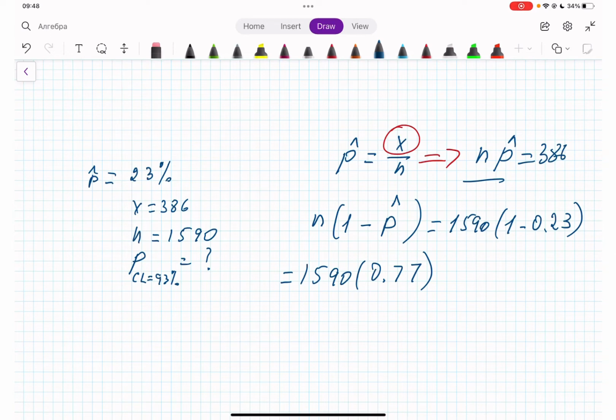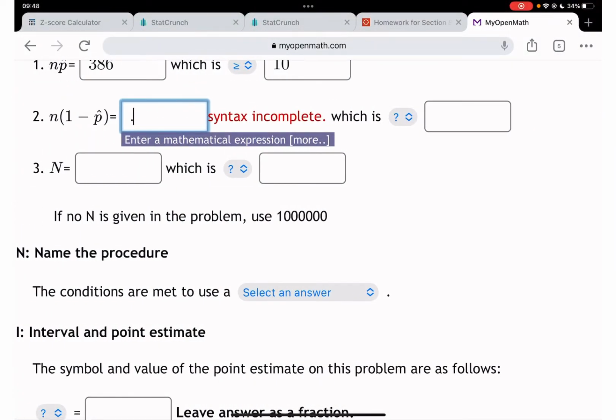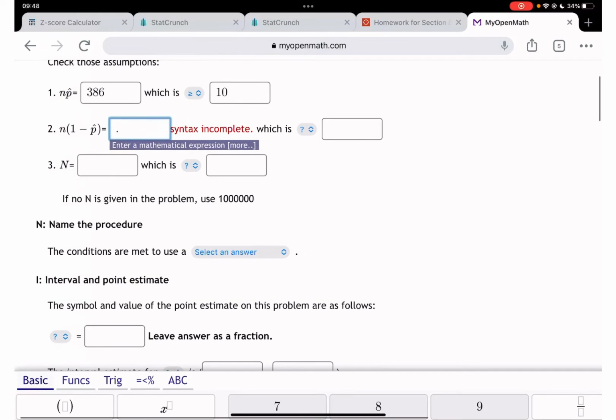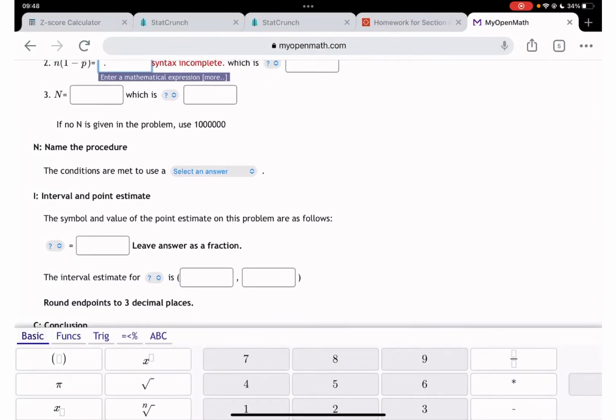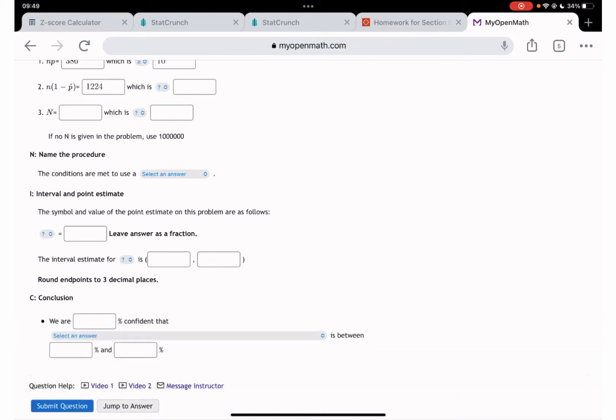So 1590 times 0.77, and we are getting 1224, which is obviously greater than 10. We are checking that one also.